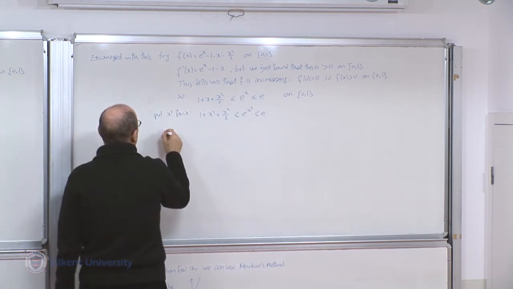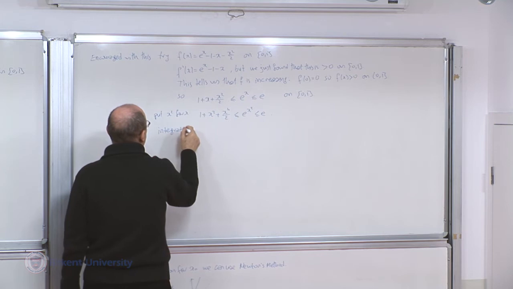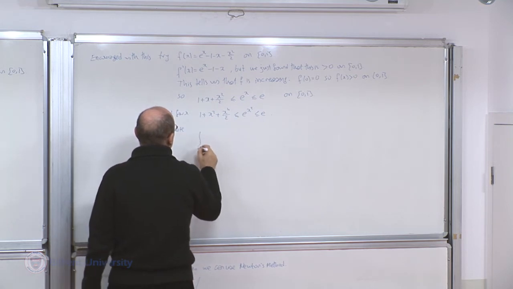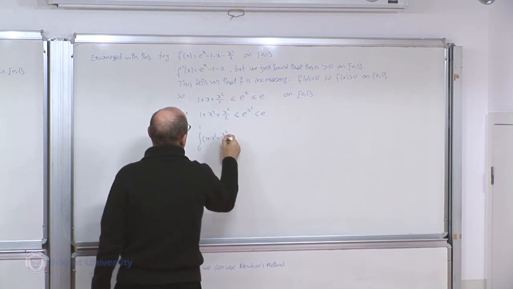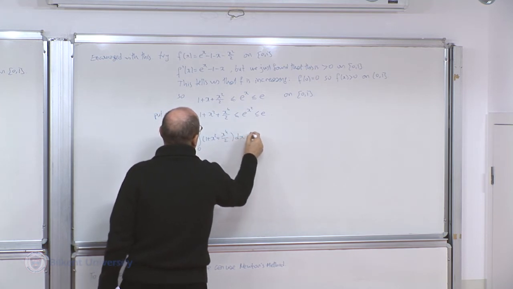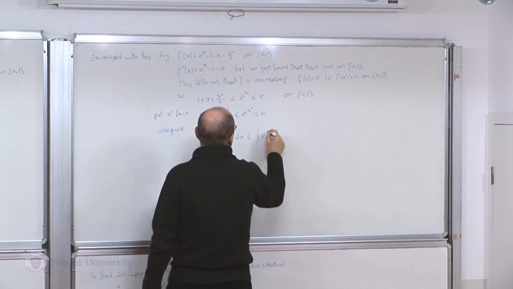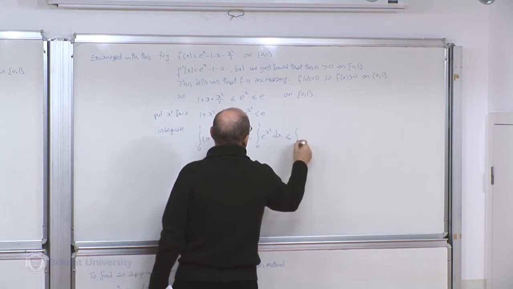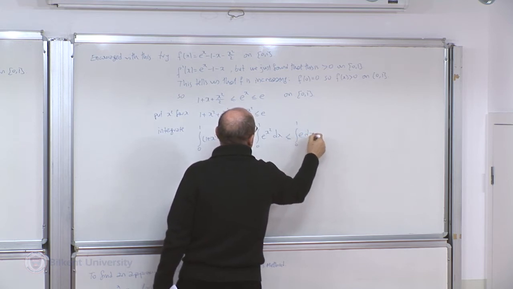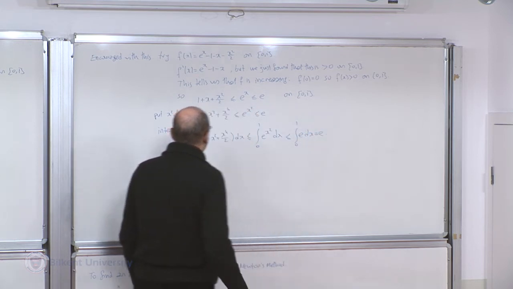Integrate. The integral from 0 to 1 of 1 plus x squared plus x to the 4 over 2 dx is less than or equal to the integral of e to the x squared dx from 0 to 1, so this is e.